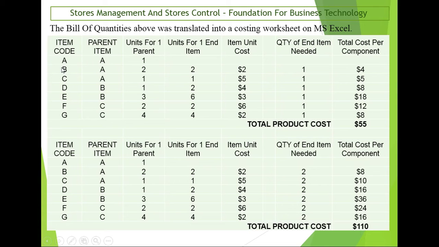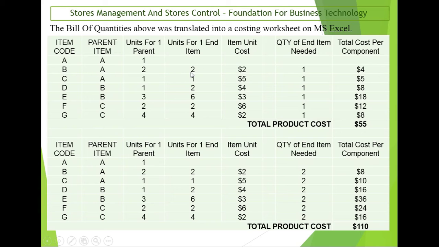But item B is a child of item A. So A is a parent to B and we need 2 of B to make one of A. That's why it says units for one parent. In other words, how many of B do we need to make the parent, which is A?